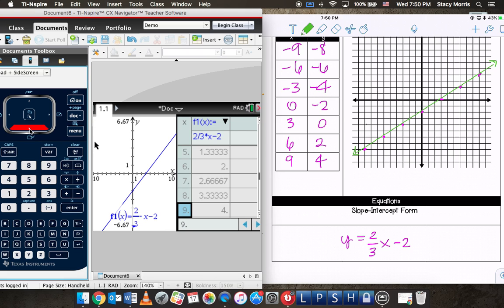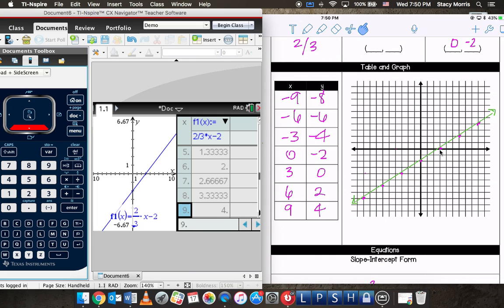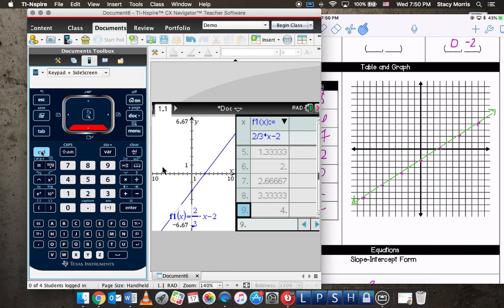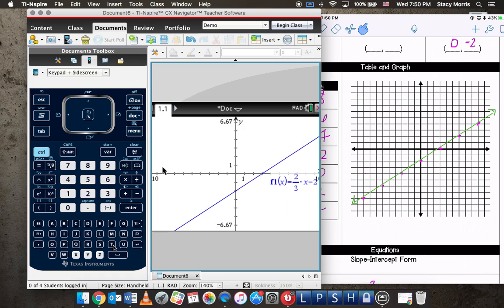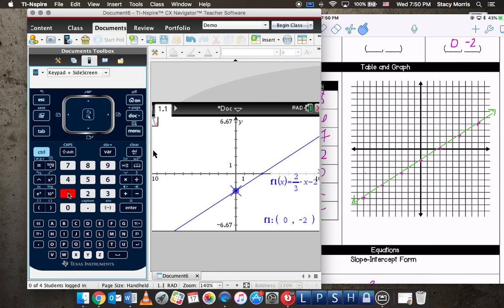Okay, so let's see what else we need to fill in here. We need the x-intercept. So the x-intercept was this point right here that I said was going to be really important. Remember, the x-intercept is where y is 0, so 3, 0. If you're not confident in that, remember from your graph, I'm going to do Control-T to get rid of my table. From my graph, if I trace, menu, trace, graph trace, it starts at the y-intercept.